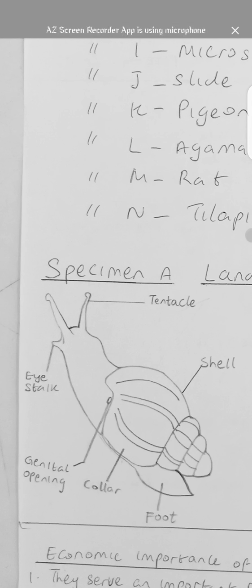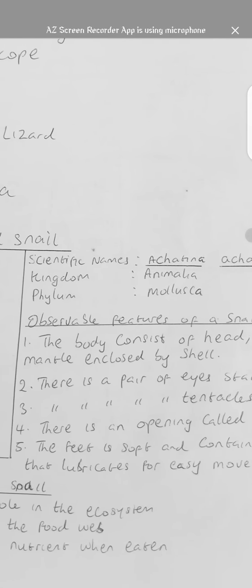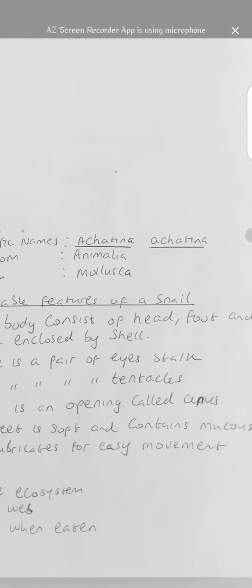Let's look at the observable features of a snail. Number one, the body consists of head, foot, and mantle enclosed by shell. In case they ask you the structural or observable features, you can write that down. Number two, there is a pair of eye stalks, as you can see in the diagram.